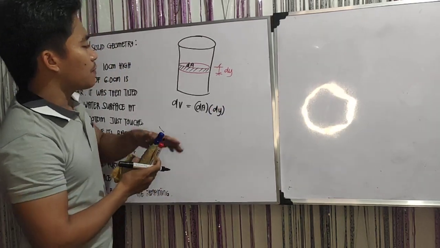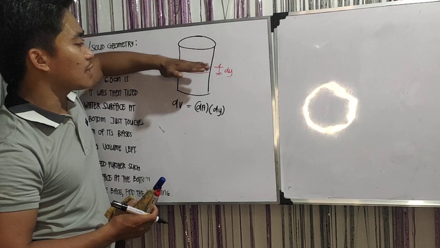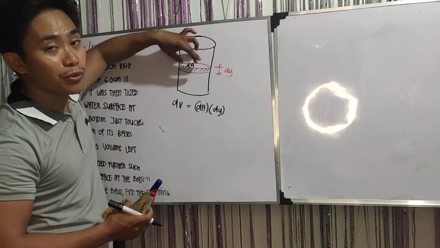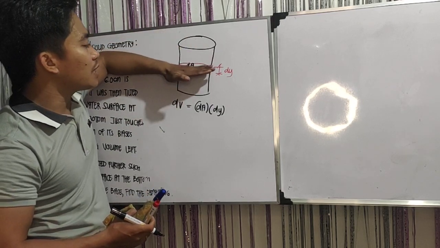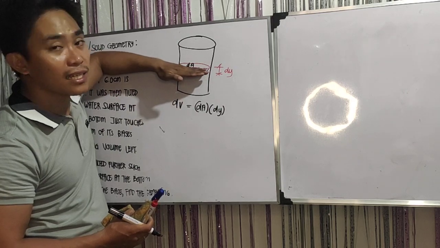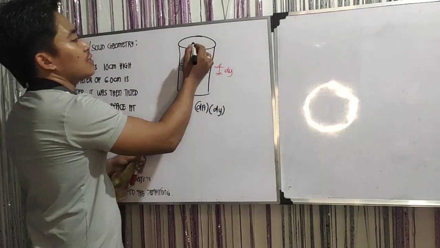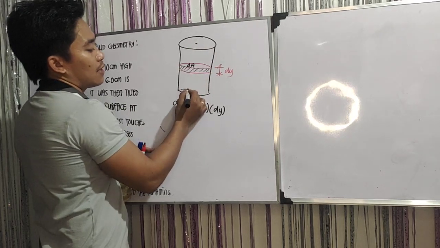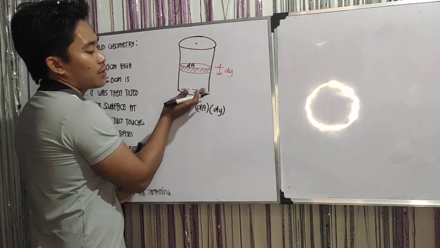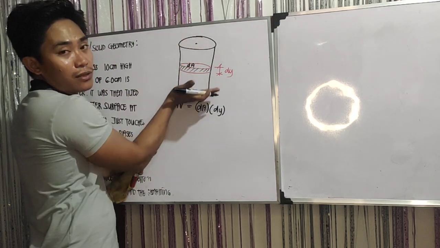Now, if that dA is varying, kailangan mo rin niyang i-compute. But here in this case, yung differential area na yan is just constant. That is actually the area of the circular base, which is constant siya all throughout the height.